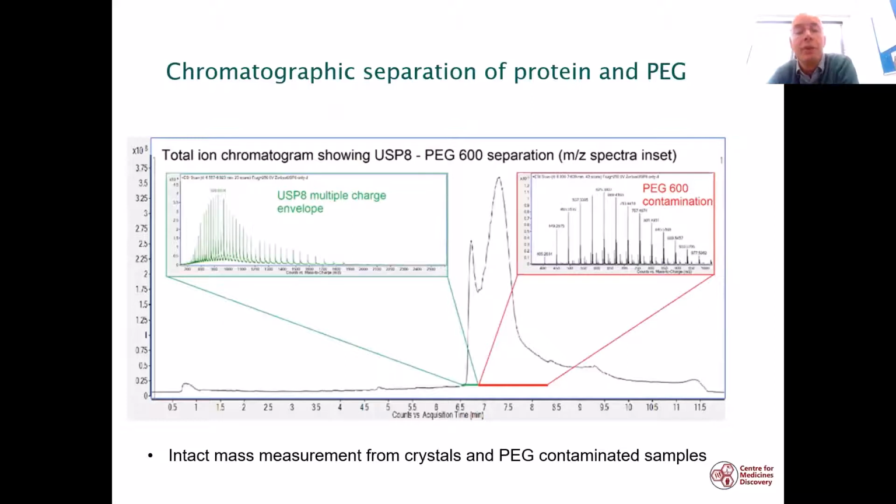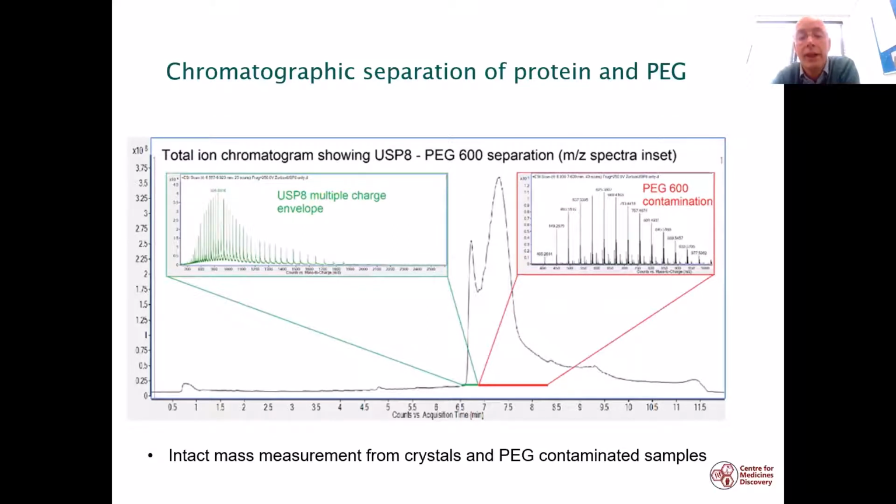I mentioned that the method can also be used for separating protein from polyethylene glycol. Here's the example. Here the separation is going the other way around. In the first total ion chromatograms I showed you, the detergent was eluting first and the protein was eluting afterwards. In this case, we have a protein USP8, which is contaminated with PEG 600.